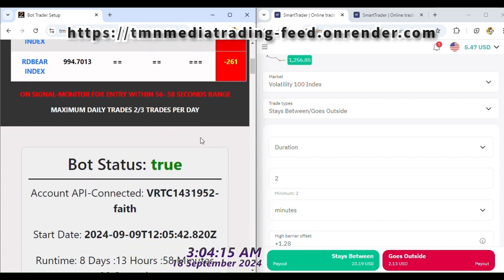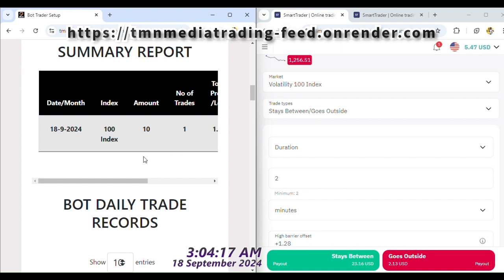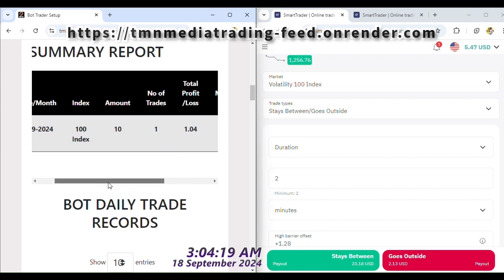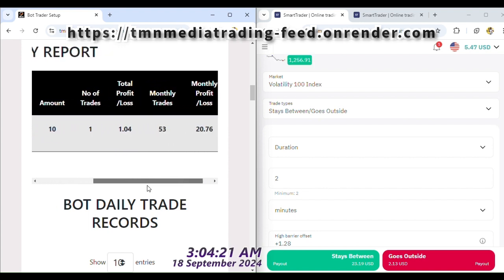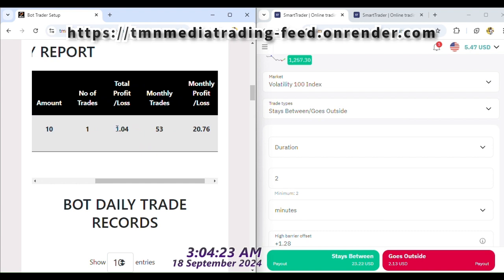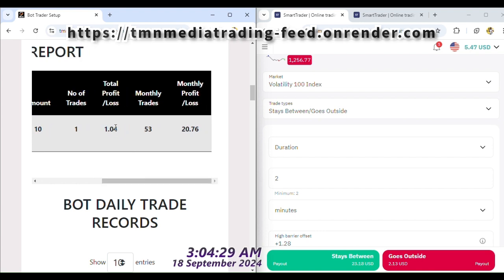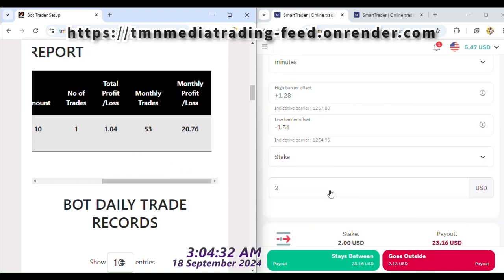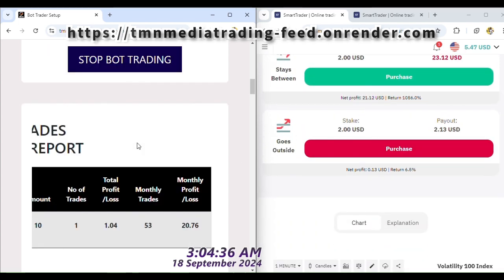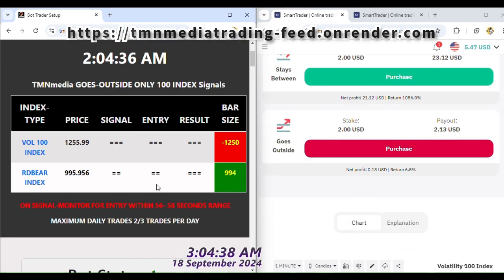Okay, so let's see if it has reflected. Good, you can see it has reflected. Now you can see this guy gave me 1%, meaning I made 10%. The robot made 10%. I already told you that what I have here is smaller compared to what this robot is trading.